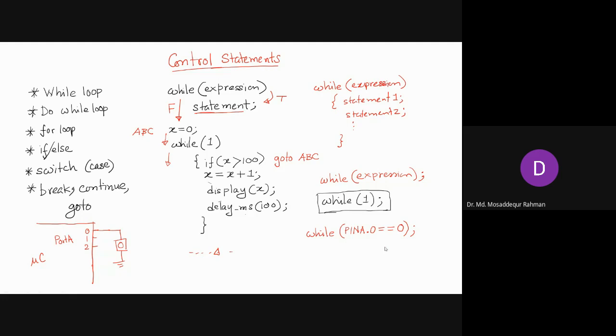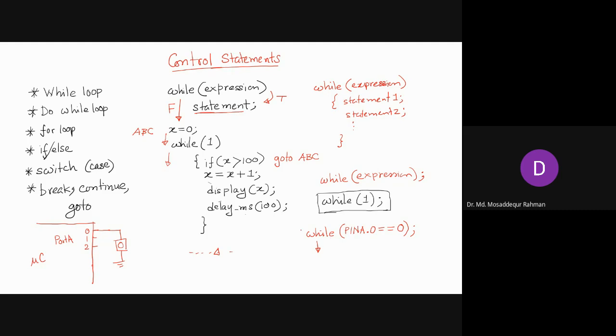As long as this is true, you do nothing, you wait. Once the signal appears, once it gets high, it becomes false, and the program will just move to the next statement. It will fall through, so it will not stay here anymore.